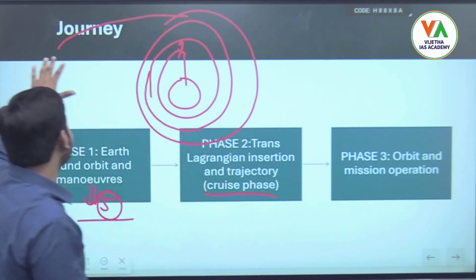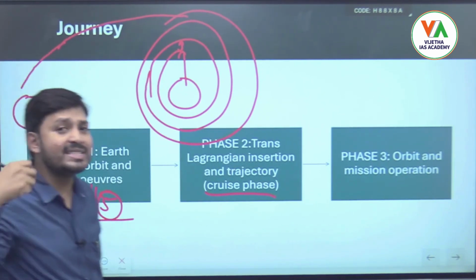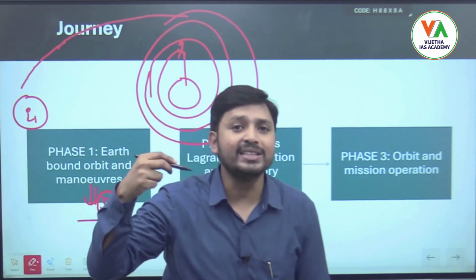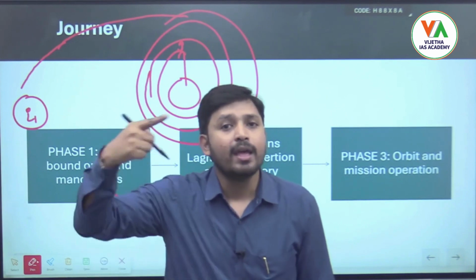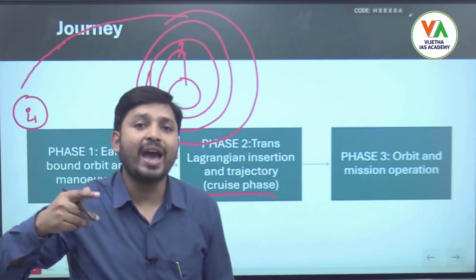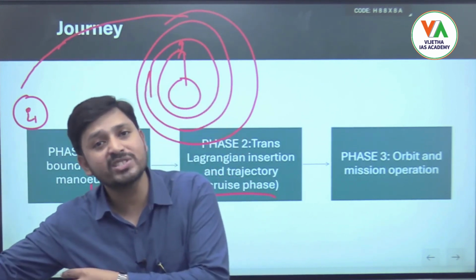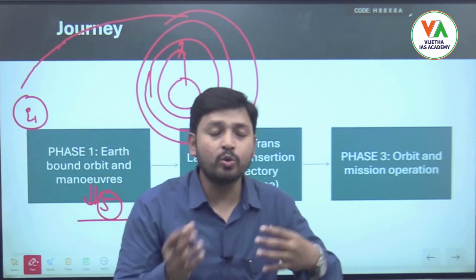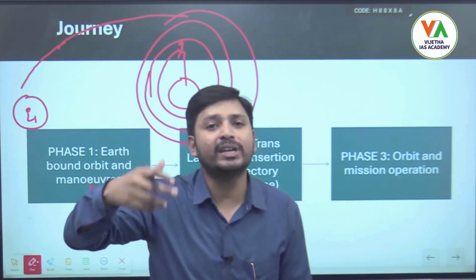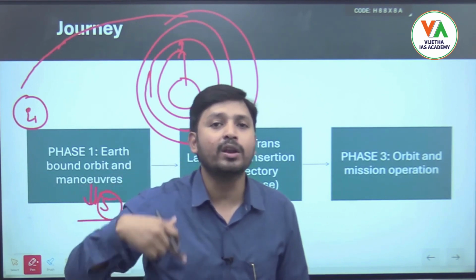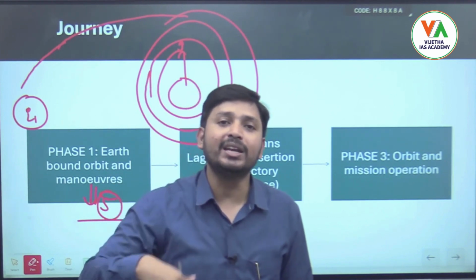And once it has reached this point after the cruise phase, right, we need to insert this mission or Aditya satellite exactly into this halo orbit, whatever the orbit that is there around this Lagrangian point. In that orbit we have to insert precisely, okay, so that it cannot be sucked either towards the sun or towards the Earth, right? So we have to insert that one exactly in that orbit, so that it is continuously revolving around that L1 point in that halo orbit, right?